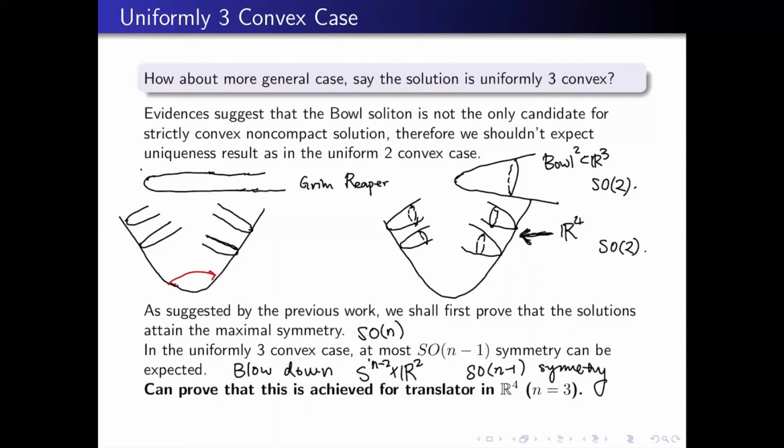Now, here comes the result. We can actually show that this symmetry will be achieved for the translator in R4. So remember that translator is an important special class of the ancient solution. And also the study of the ancient solution is closely related to the translating soliton.